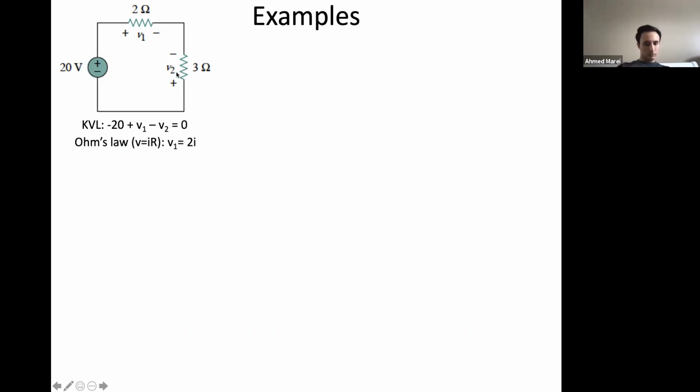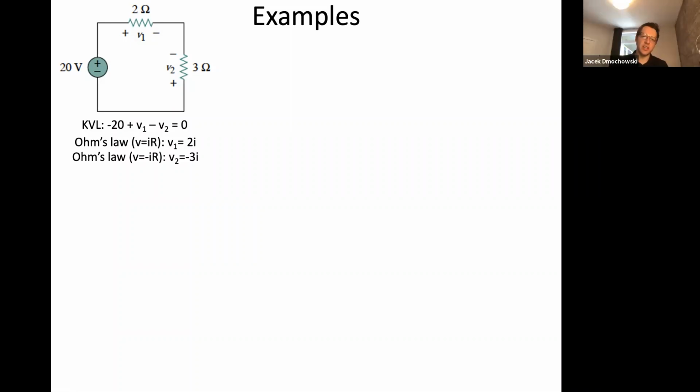And V2, so what is going to be the Ohm's law expression for V2? It's actually a question for you guys. So V2 is 20 divided by 2? Close. You have to have a negative sign here.